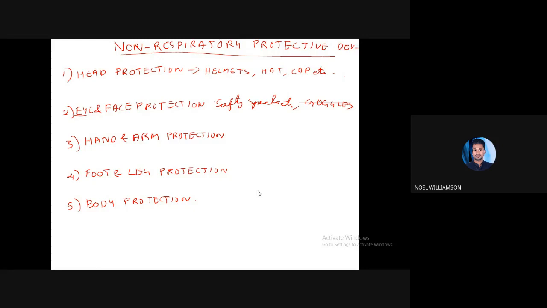For protecting eyes, various types of goggles or spectacles can be used. And also for face protection, various face shields, as we can see in our lab, can be used.